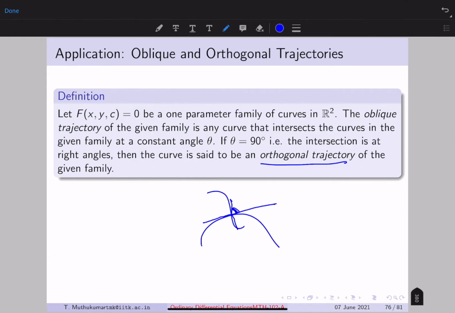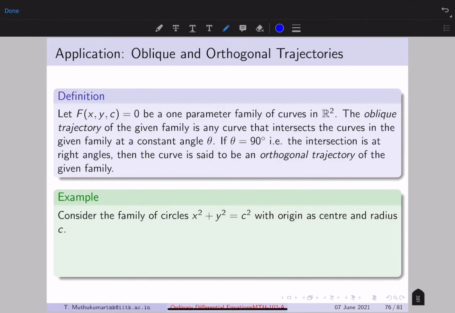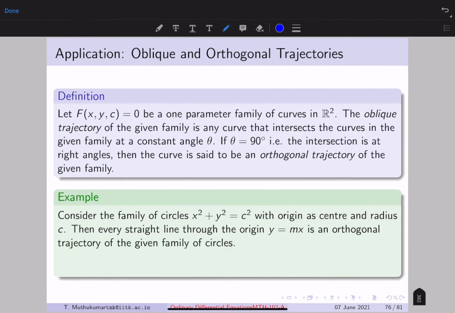So once you have a family of curves, you can always ask this question: what is the family of curves which intersects the given family at some constant angle theta at every point of intersection? As in the example I gave, if you have a family of circles centered at the origin with radius c, then every straight line through the origin is an orthogonal trajectory of the family of circles.